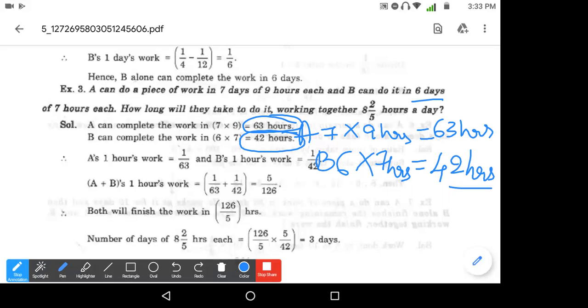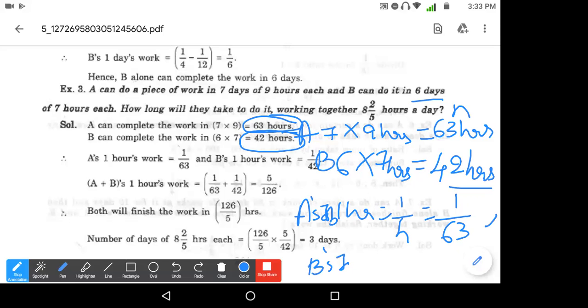Now this is their total working hours. Now for 1 hour, how will I find it? If this is n, for 1 hour, it will be 1 by n, which is 1 by 63. So A's job for 1 hour is 1 by 63 and B's job for 1 hour is 1 by 42.